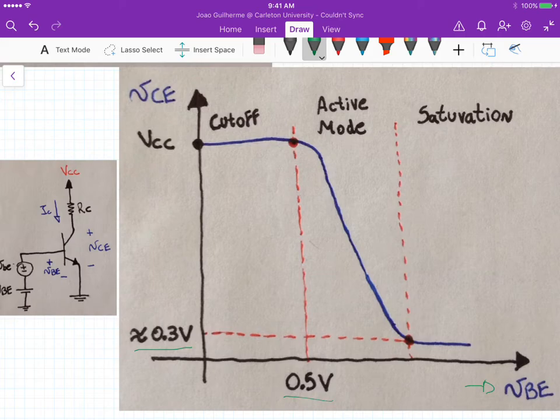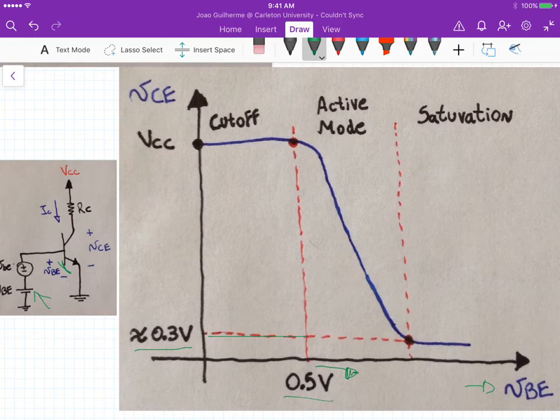Even if we might have a VBE that's greater than 0.5, if we are below this red line at 0.3 volts, we are in the region that we call cutoff region. Now if we increase VBE to 0.5 volts, by increasing this voltage source to forward bias, we guarantee that it's going to be greater than 0.5, so that PN junction is going to be forward biased.